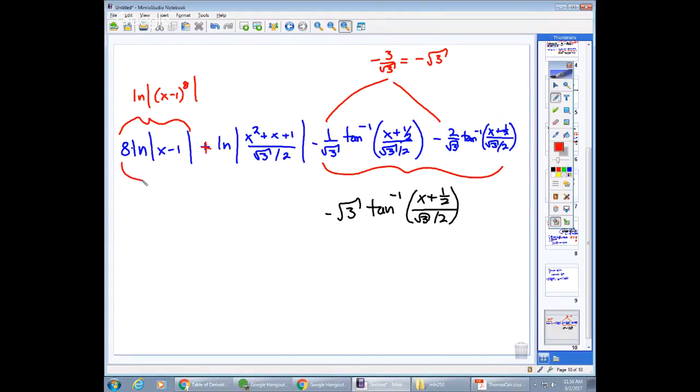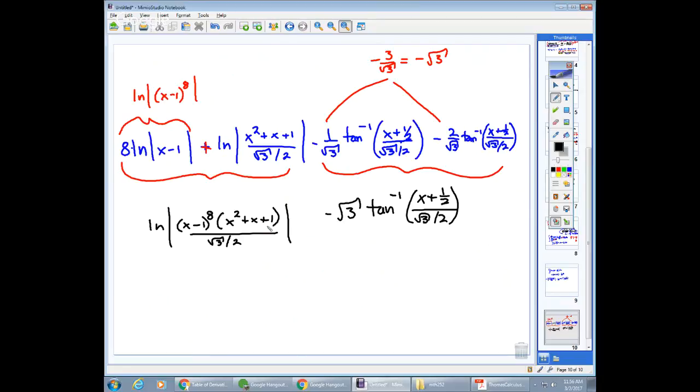Yeah, I don't think that's much better. So I could rewrite all of this here with rules of logarithms as the natural log of the absolute value of x minus 1 to the 8th times x squared plus x plus 1 over that square root of 3 over 2. Do you remember what happens with log of a quotient?